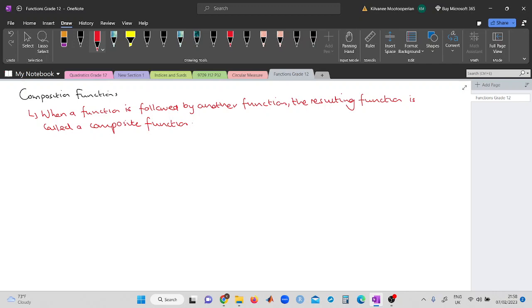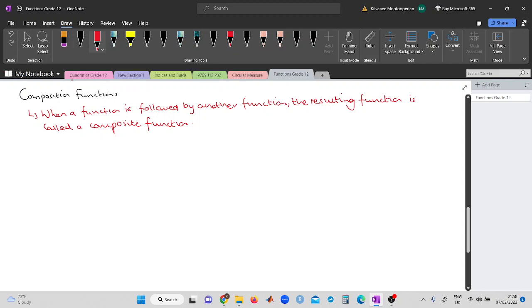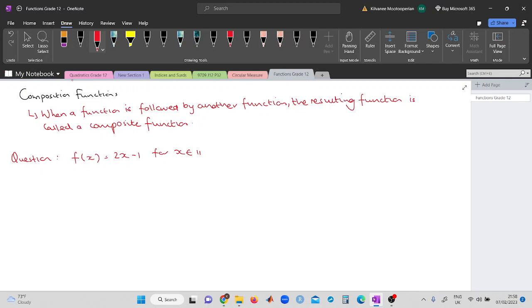Donc nous prenons un exemple qui est assez simple, and then bien sûr nous pouvons build on that, nous pouvons prendre une question d'examen. Donc il demande f of x égale à 2x moins 1, for x an element of real number.